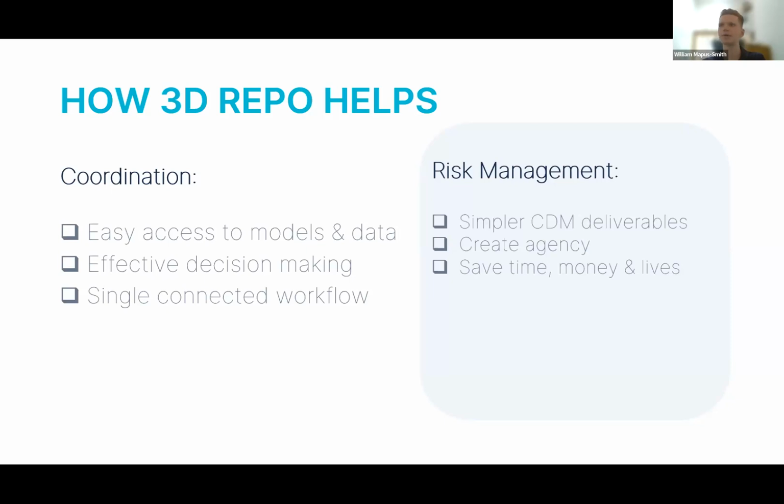From a risk perspective, providing simpler CDM deliverables. So easily collaborate on risks and produce deliverables at the end of the project without having to rewrite the entire Revit model because one risk changed or needed to be updated.